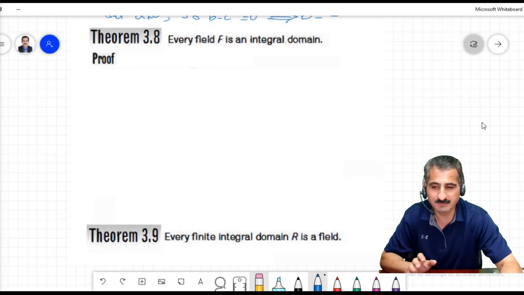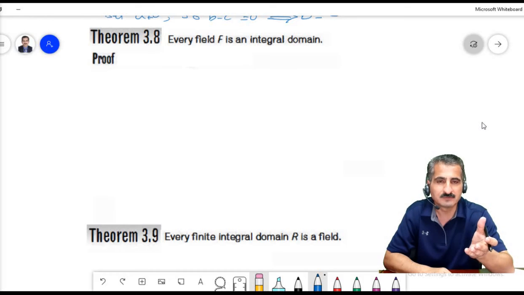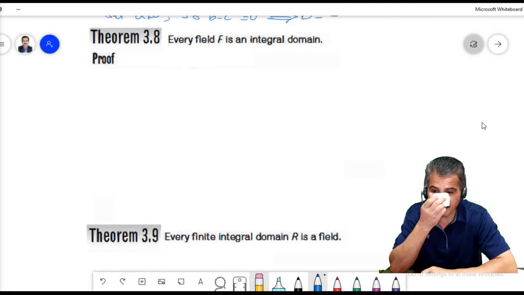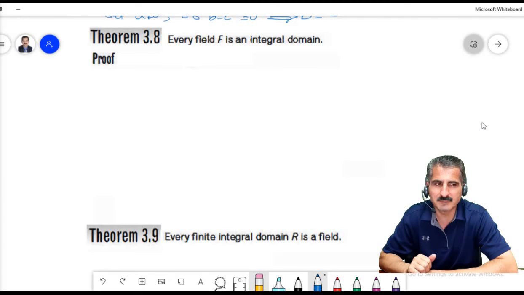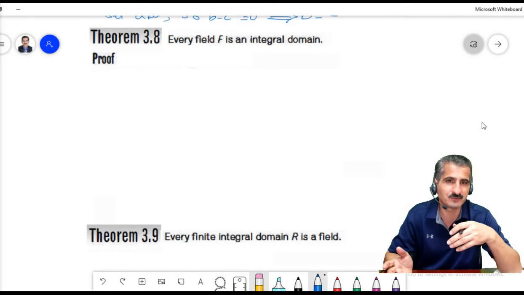Okay, now this theorem says every field is an integral domain, and you must conclude that on your own, because we are using some intuitive thinking. In some rings, elements were either zero divisors or units, right?